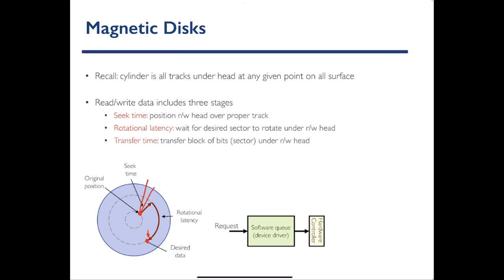Let's assume, as a simplification, that there is only a single queue. In this slide, I have assumed that this is a software queue. You could potentially assume that this is a hardware queue, or both. In reality, it's both: a software queue and then a hardware queue.